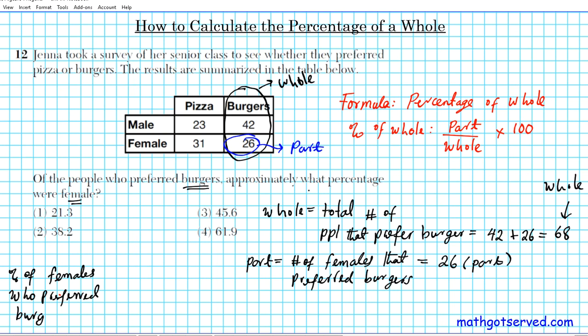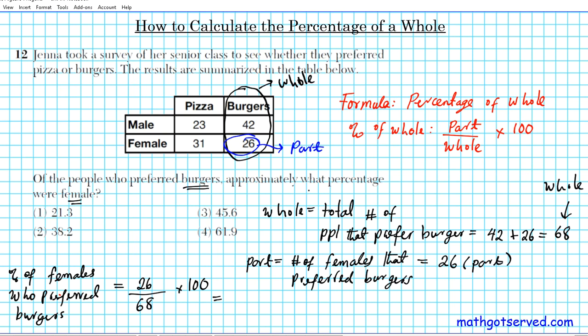Now using the formula, it's going to be part, which is 26, divided by whole, which is 68, multiplied by 100, and that should give us our desired result.